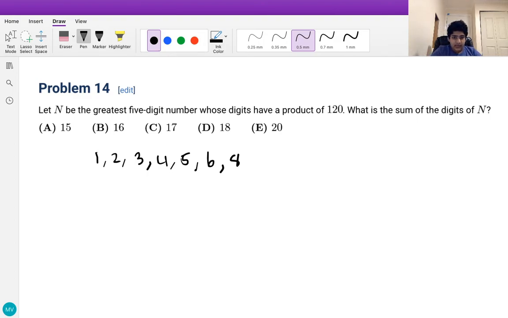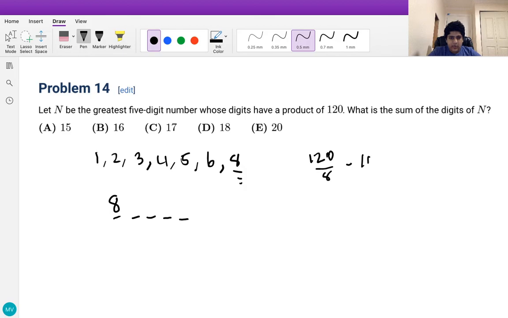So, it's easy to see that 8 is the largest digit here. So we put 8 in the front of our number. Now, the remaining product is going to be 120 divided by 8, or 15.